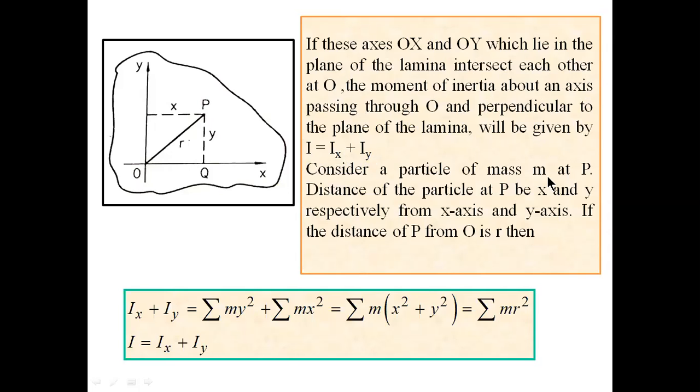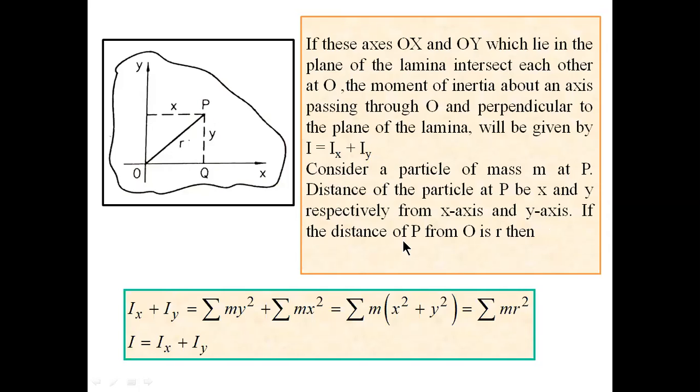Consider a particle of mass m at P. The distances of the particle at P from the x-axis and y-axis are y and x respectively.